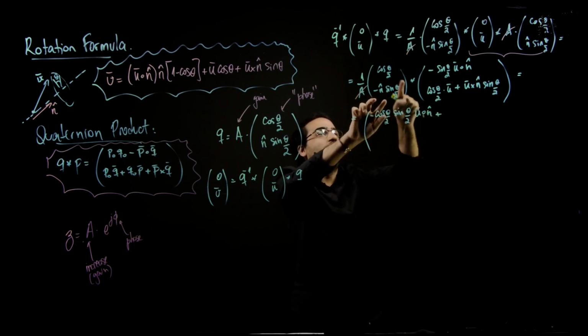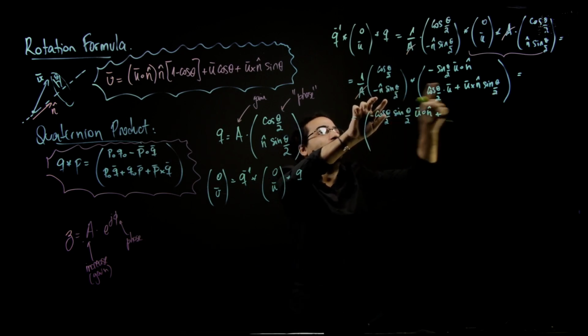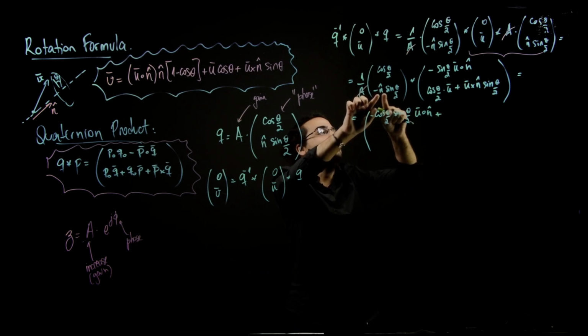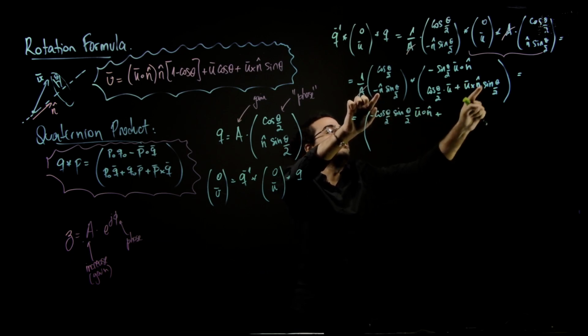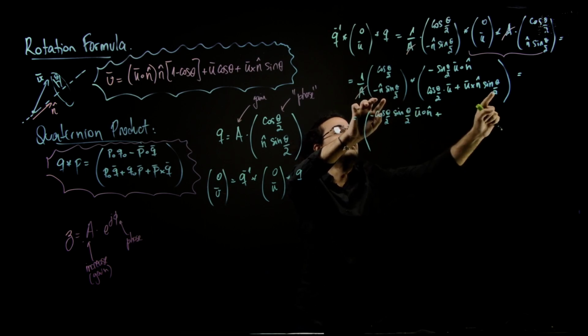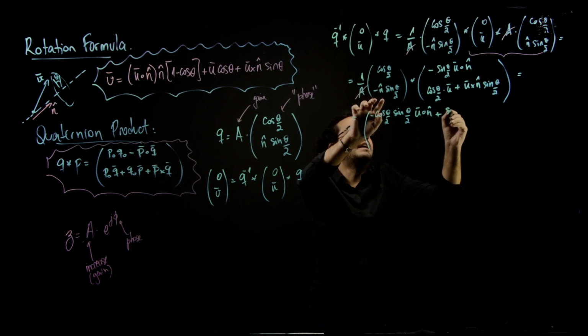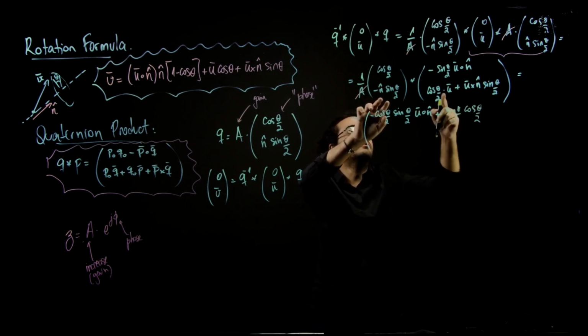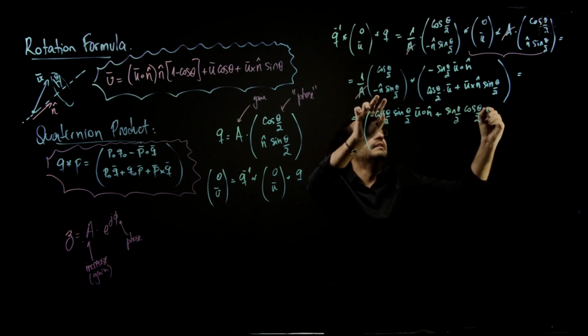And it's the dot product between this vector and those. Notice that this is parallel to n, and this vector over here is perpendicular to n. And then you're going to do the dot product between a vector and a perpendicular vector, and therefore this second component does not count. It's going to be 0. And what you have is just sine of theta over 2, cosine of theta over 2, and n dot product u.